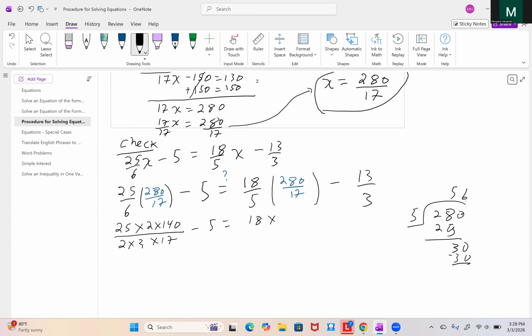So we can write this as 5 times 56. That's 280 over 5 times 17, minus 13 over 3.